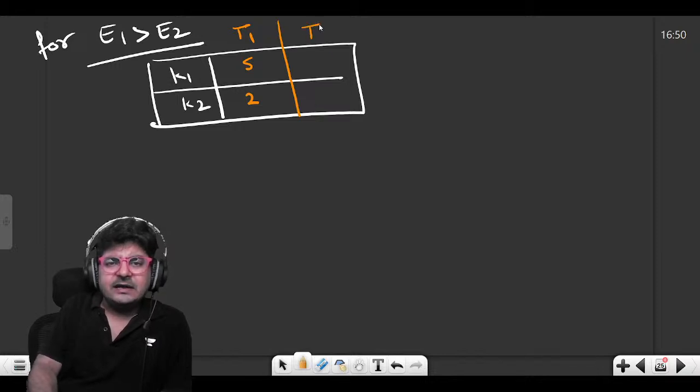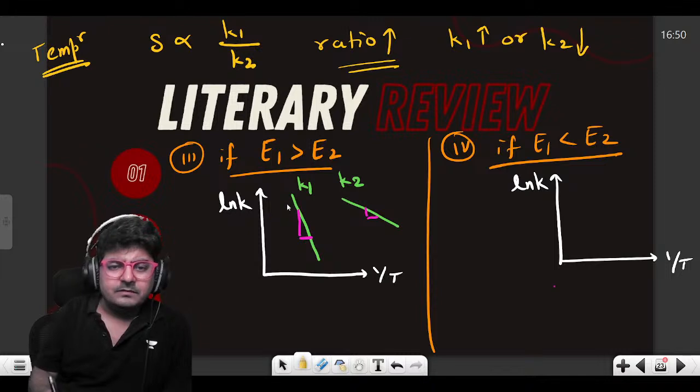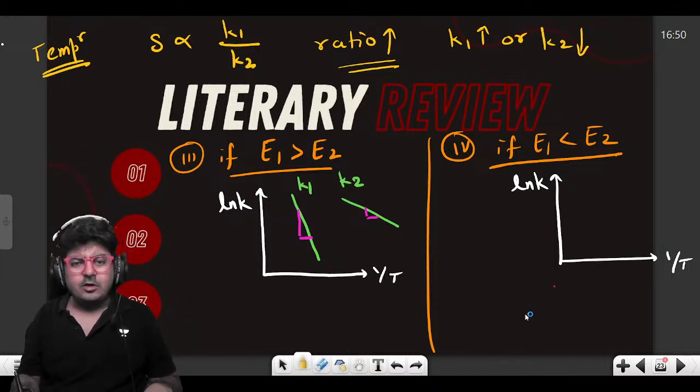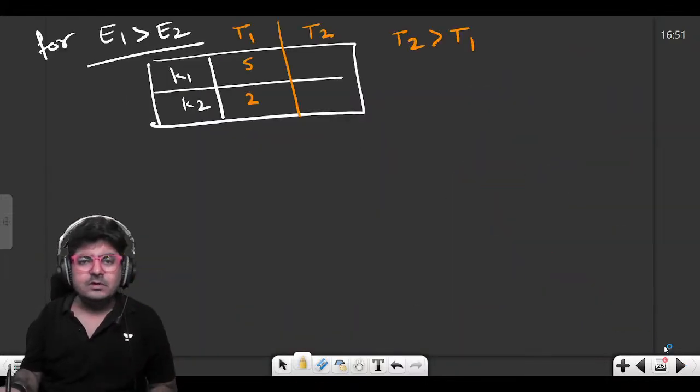नाउ इफ आई इंक्रीज द टेम्परेचर, percentage change in K1 will be more. You can see this as compared to K2. Or in simple terms, you can say K1 will increase more as compared to K2. है ना?